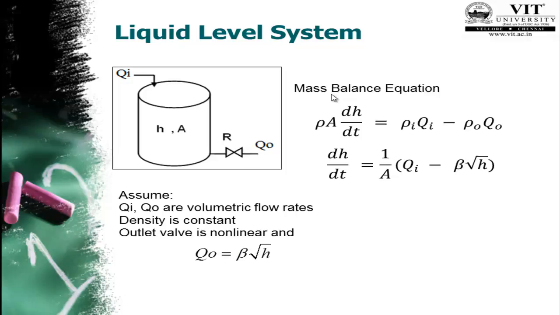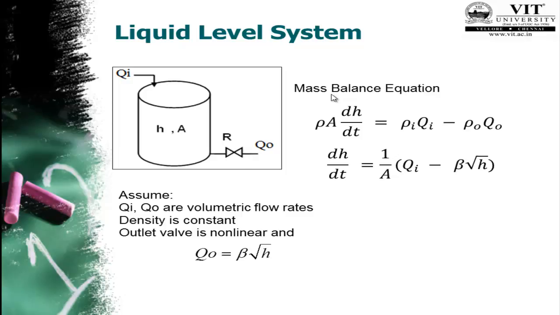So we get the nonlinear ordinary differential equation for this system, which is dH by dt equals 1 by A multiplied by Qi minus beta root h. Since we have a nonlinear term here, root h, we cannot find the transfer function model directly from here. We have to linearize this ODE equation. Then we can build the transfer function model and we can do the design and analysis.